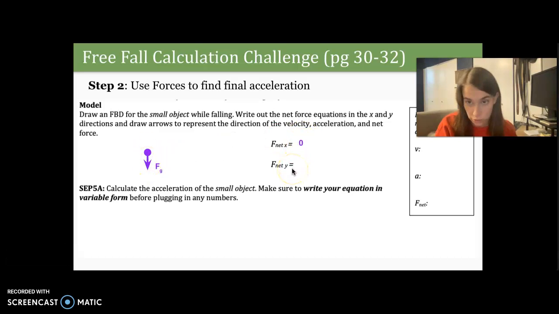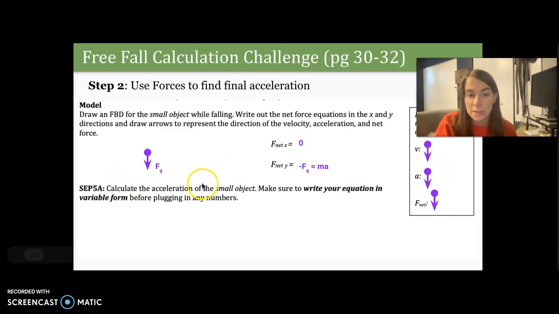In the y direction, my F net y equation is negative Fg to mark downward, and then I set it equal to ma because F net equals ma. So this is my setup because my force is going down. I've got negative Fg, and I set my F net equal to ma. The velocity is down, the net force is down because the only force is down. And since net force causes acceleration, acceleration's also down.